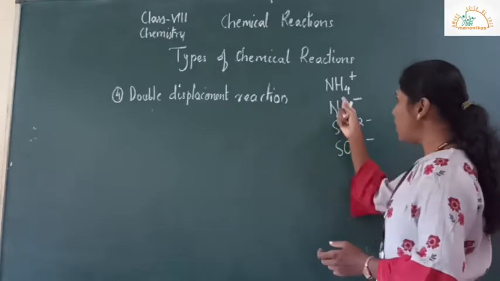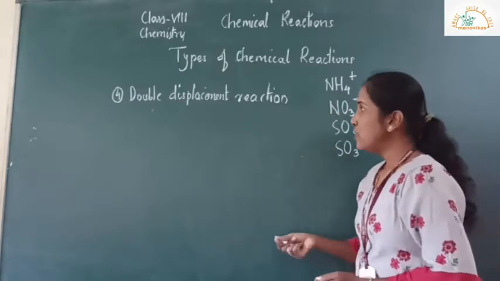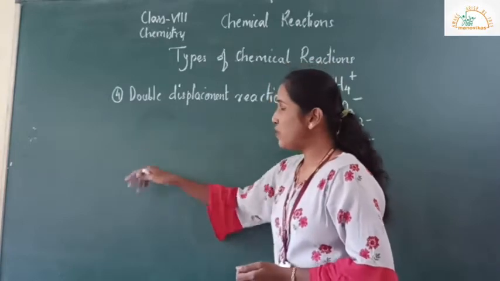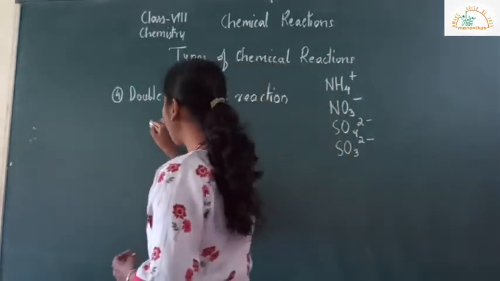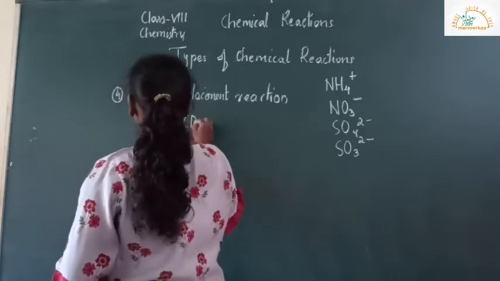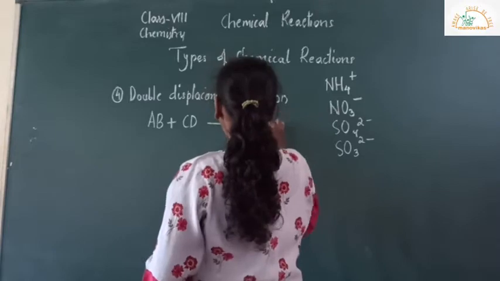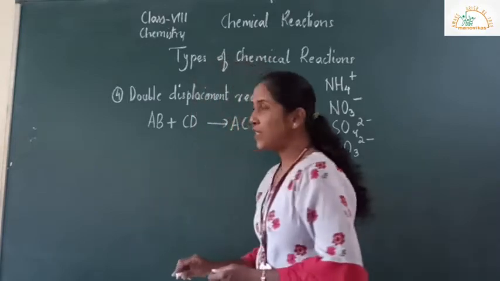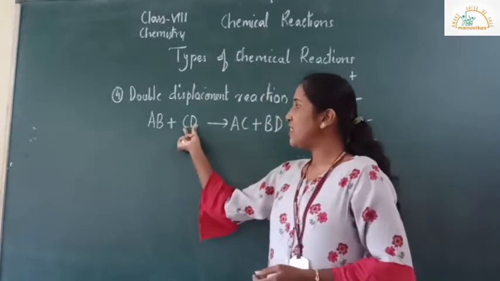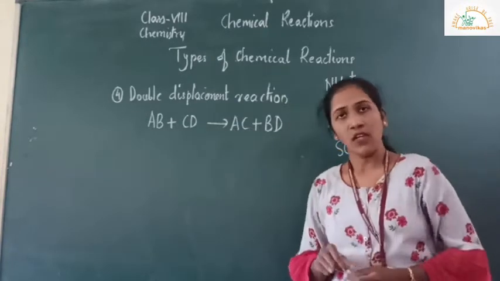So these are the radicals, the groups of atoms. Okay. So a double displacement reaction can be represented as AB plus CD gives AC plus BD. Wherein AB and CD are the reactants, and AC and BD are the products.